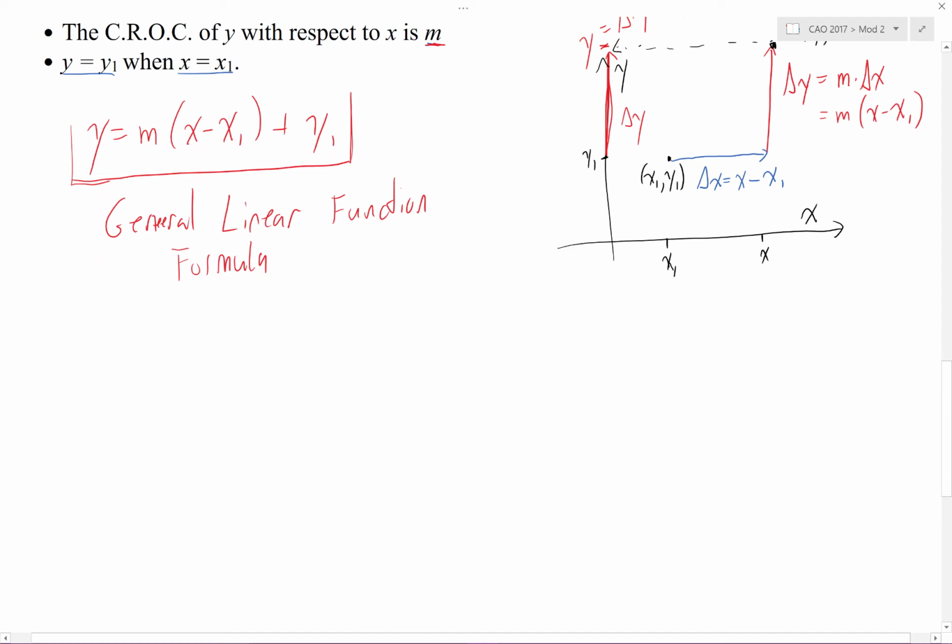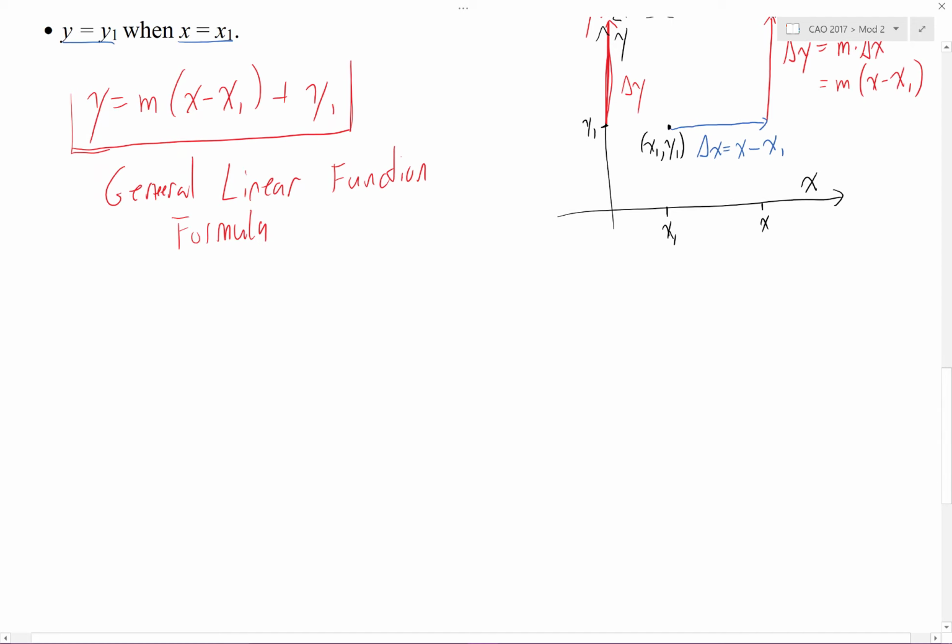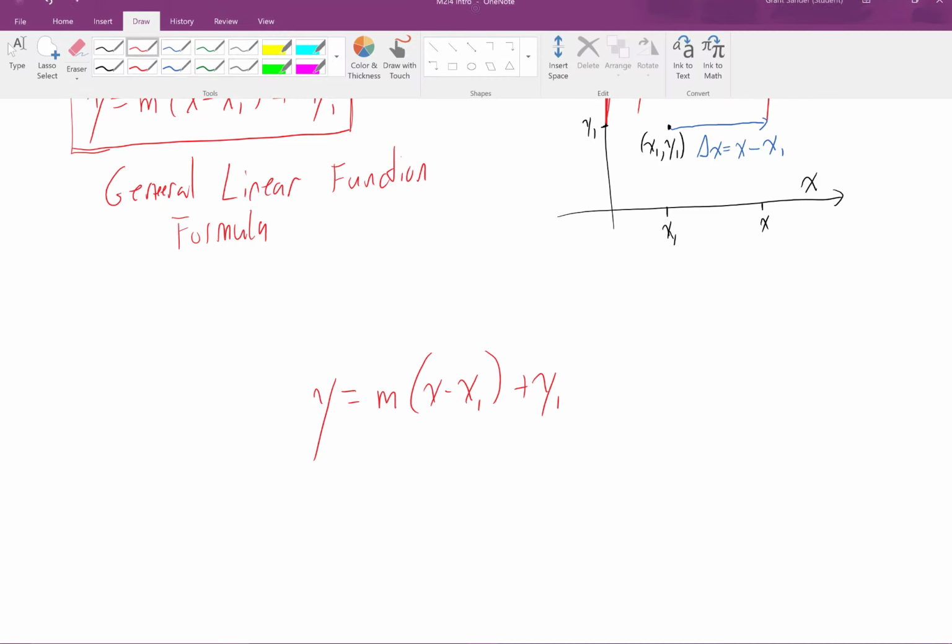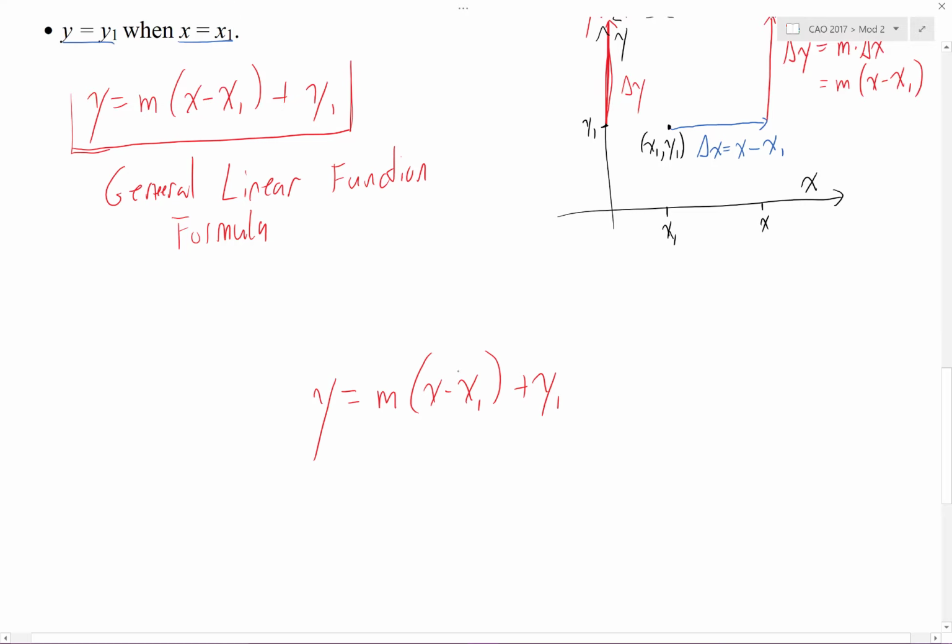Now we know what each piece of this general linear function formula represents. So if we rewrite this, y equals m times x minus x1 plus y1, we can break this down and look at each piece individually. So the x1 represents a reference value for x. The x minus x1 represents the change in x from our initial value x1 to our current value of x.